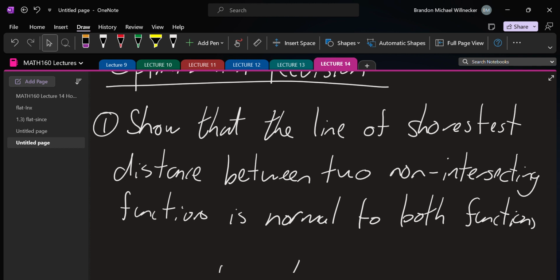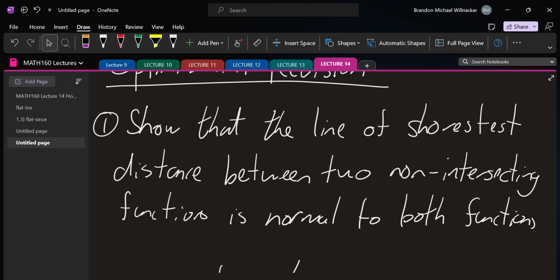Okay, why do we take non-intersecting? Why does it have to be non-intersecting? Think about it for a bit. What happens if they're intersecting? If they're intersecting, what can you tell me about the distance between them? Distance is 0.